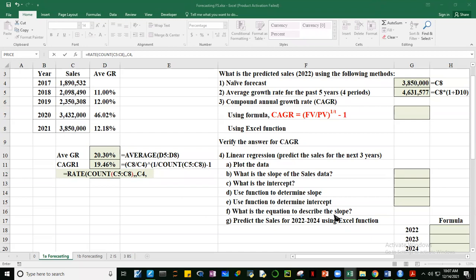Then just ignore the type and the guess. Okay, I got 19.46. Class, did you get 19.46%? Kindly chat yes if yes, and no if not, please.